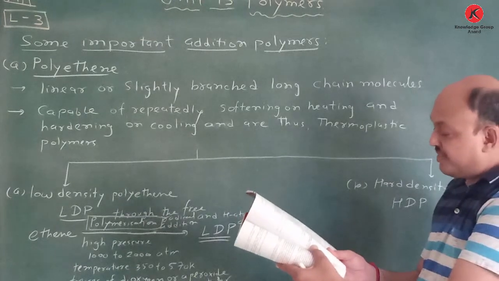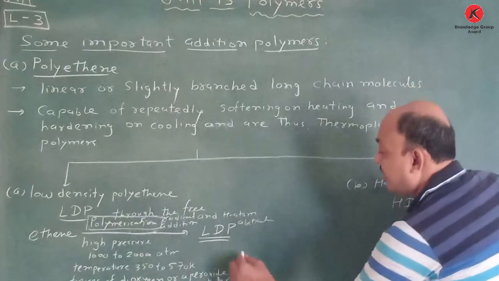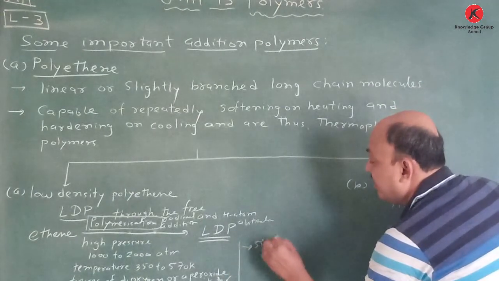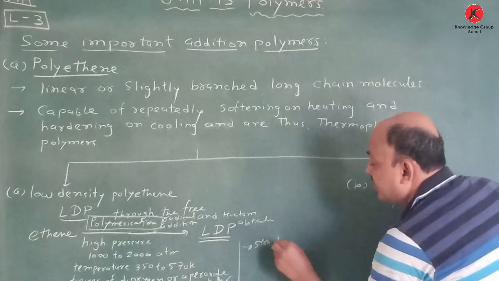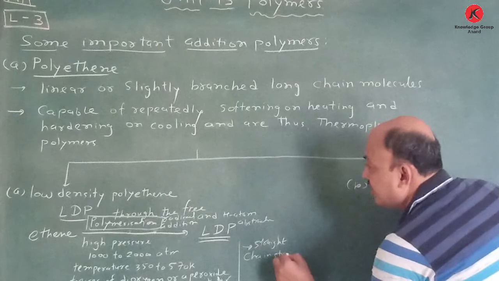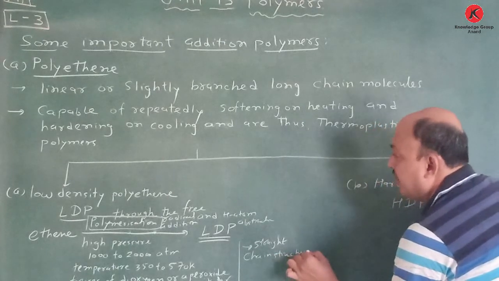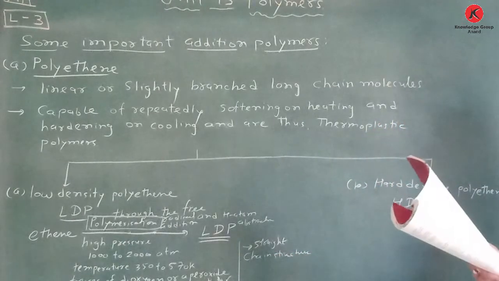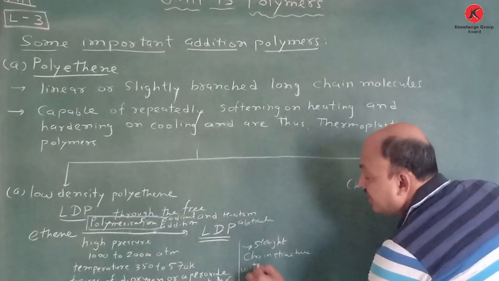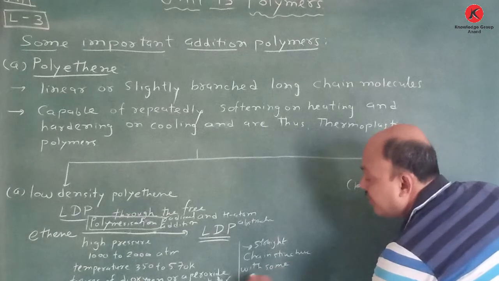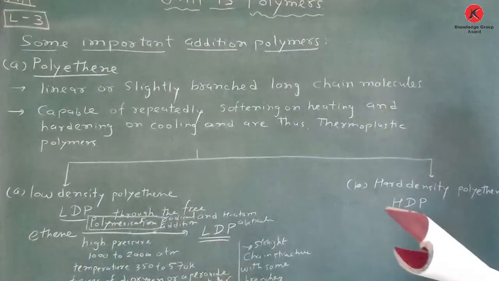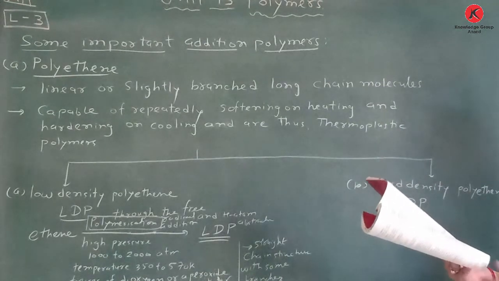These polymers have a straight chain structure with some branches, which is shown below.